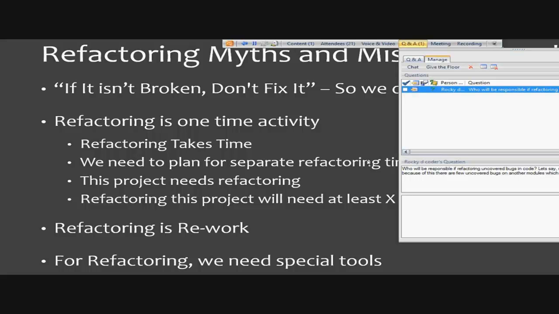Rocky is asking, who will be responsible if refactoring uncovers bugs in code? Let's say the reviewer did review the refactoring, and because of this, there are a few uncovered bugs in another module which depends on the refactored module. Well, again, the system is owned by a developer.